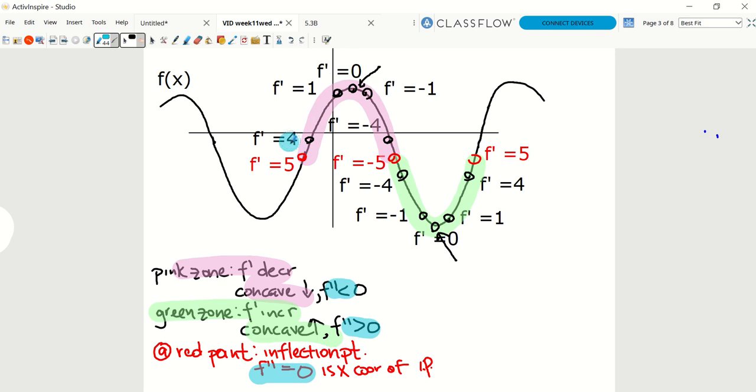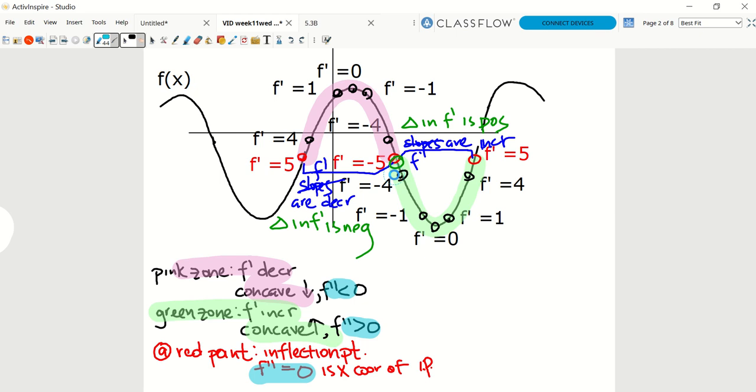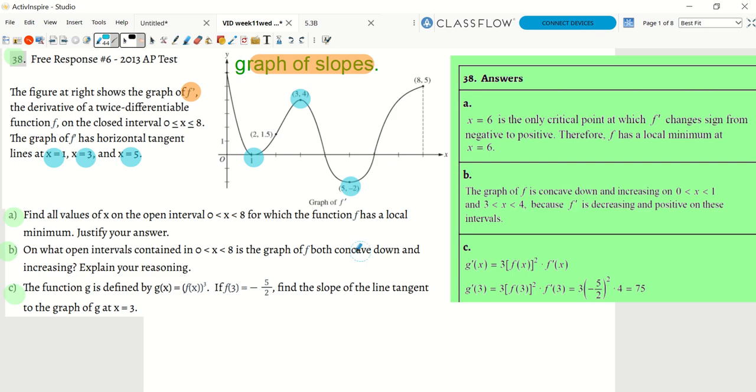You can see that these are positive slopes and these are negative slopes in this hypothetical case. Again, the local max is when we transition from positive slope to negative slopes.